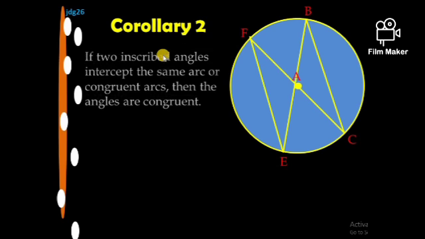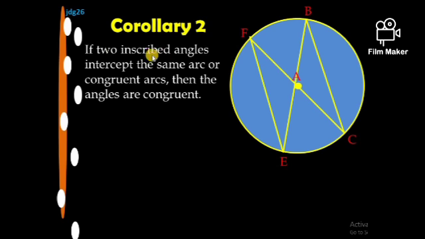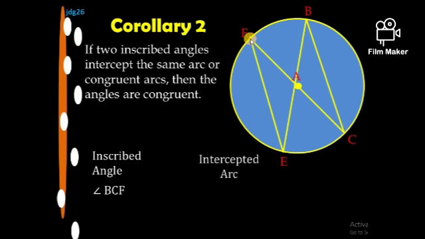Let's have the second corollary. If two inscribed angles intercept the same arc or congruent arcs, then the angles are congruent. So, let's have inscribed angle. Mag-name lang tayo ng dalawa. Let's have BCF. Ito yon, BCF. And its intercepted arc is arc FB or arc BF.